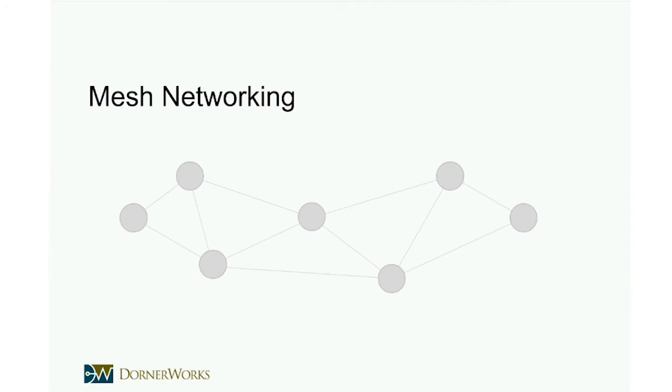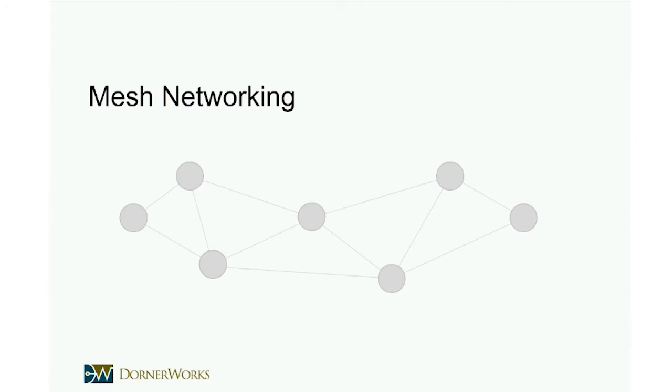Mesh is different. Mesh is a network where you have multiple nodes that are connected to each other, and they all send messages to each other, and those messages are forwarded through the network. We'll talk about the specifics later, but one of the benefits of mesh networking is that it is resilient to corrupt or dropped messages, because each node forwards the messages that it receives.